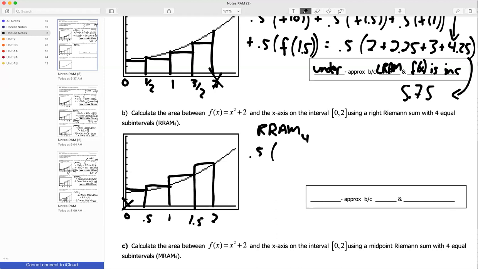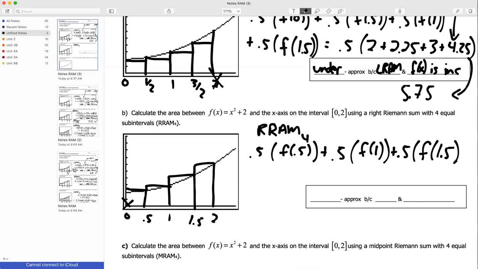Instead, I'm going to use f of 0.5. And then I've got 0.5 times f of 1 plus 0.5 times f of 1.5 plus 0.5 times f of 2.